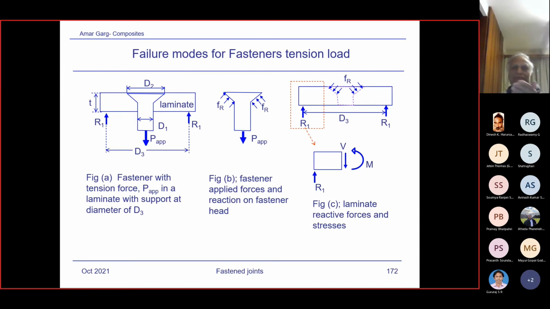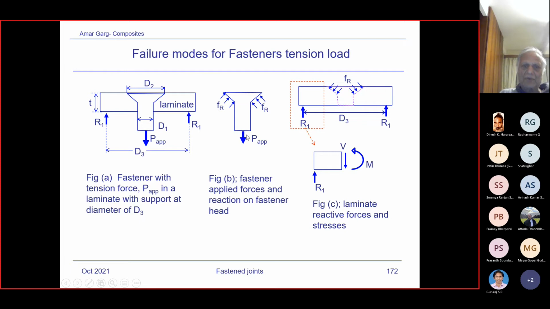Now, some of the failure modes I have highlighted over here. For fastener tension load, you have the tension load up, and suppose I've just shown the laminate with the tension load being reacted by some reaction over here. The fastener with tension force applied, and the laminate supported over diameter D3.